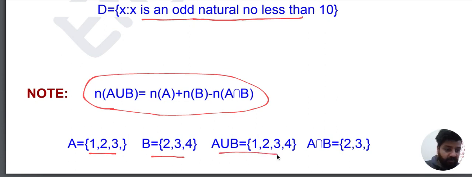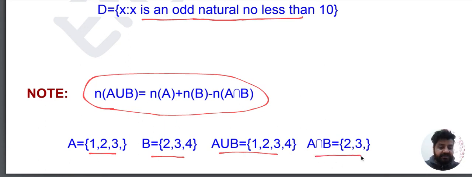I have already told you what A union B is in the previous class. That's why, in the beginning of this class, I told you to first go and watch the first and second classes, so you will understand this class better. A union B means the set which contains the elements of A as well as of B. And what is A intersection B?